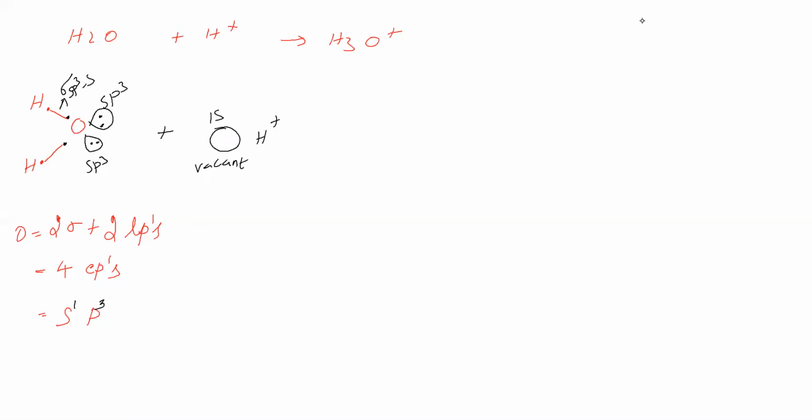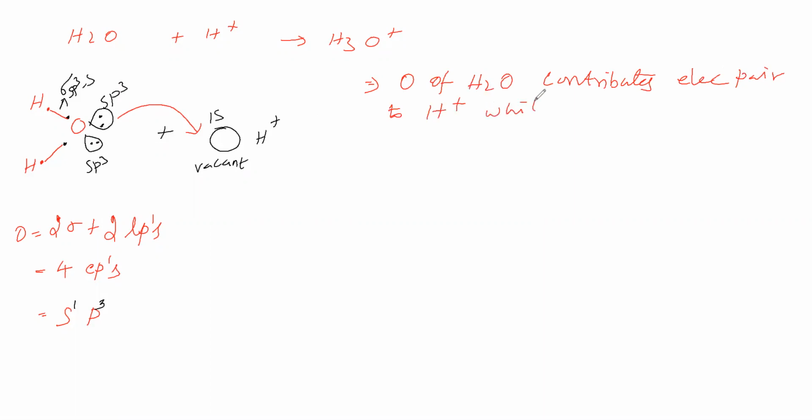Therefore, what is oxygen doing? It is contributing an electron pair to this H+. So the oxygen of water contributes an electron pair to H+, while H+ contributes a vacant 1s orbital.